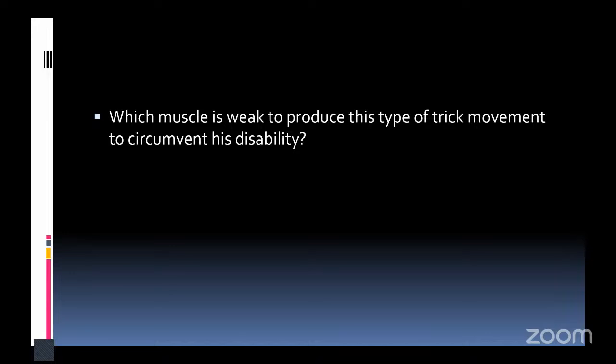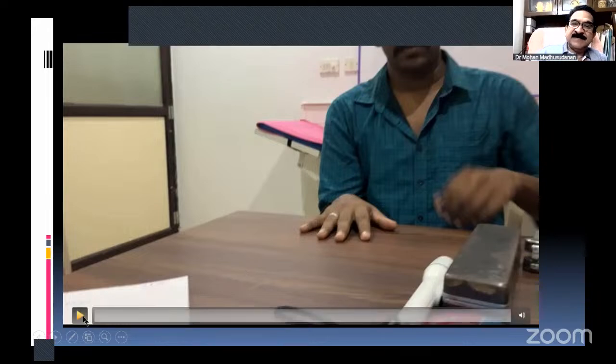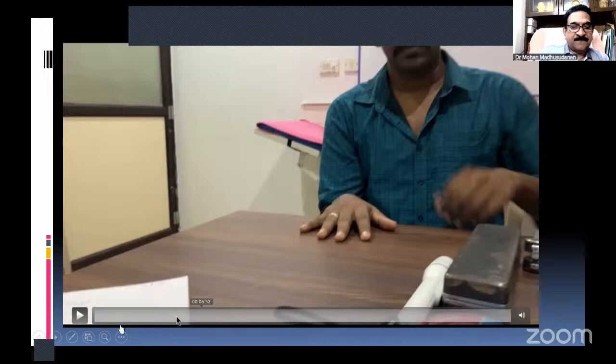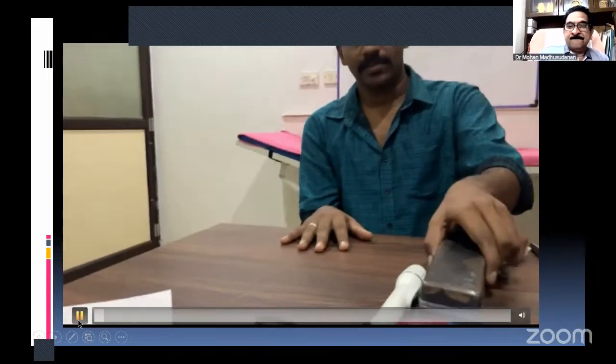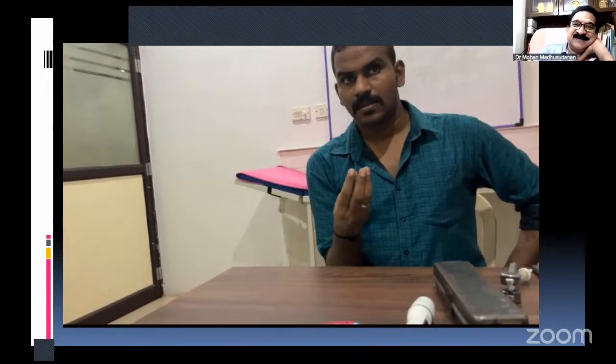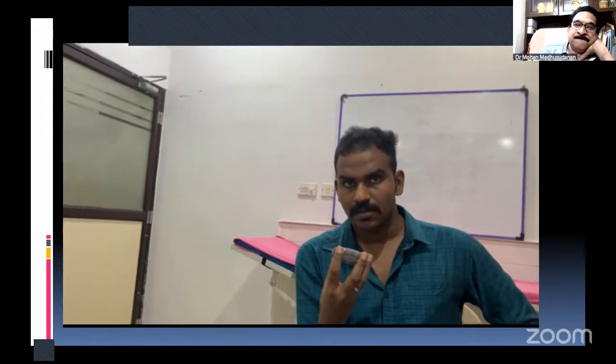Supinator? Not elbow supinator. Elbow flexor, sir. No, elbow, okay, you can call it elbow flexor, but he is able to flex. But when you lift it and abduct it, he is able to do that. I'll show the video once again. Anterior fibers of deltoid. Okay.